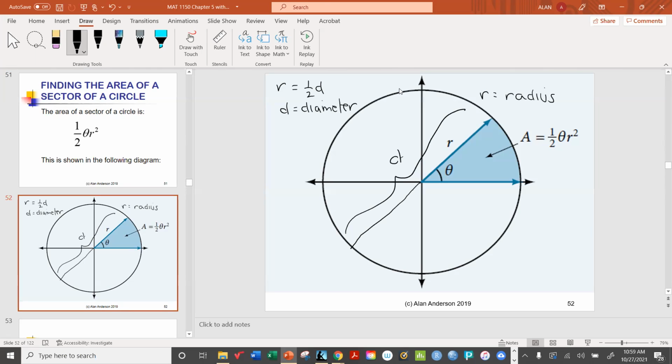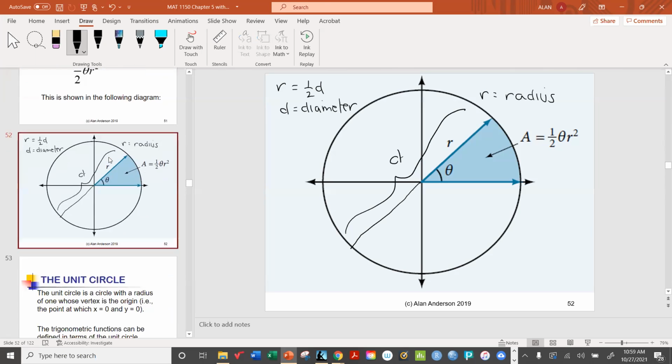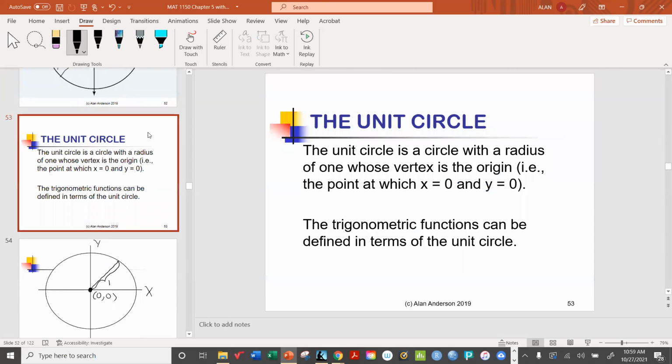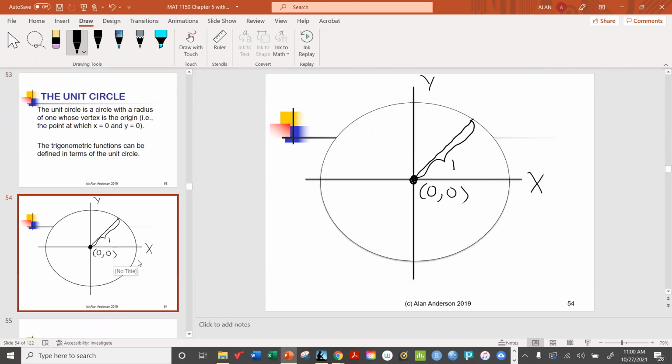So what are we going to do with this information? Good question. We're going to introduce a very special circle, which we'll get a lot of mileage out of, and it's going to be given the very mysterious name, the unit circle. All that means is that the circle starts at 0, 0, and the radius is 1.